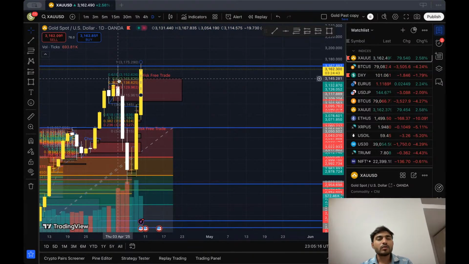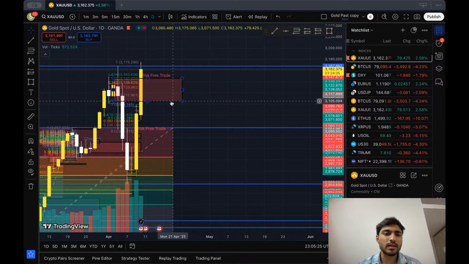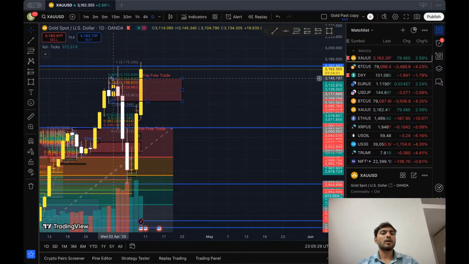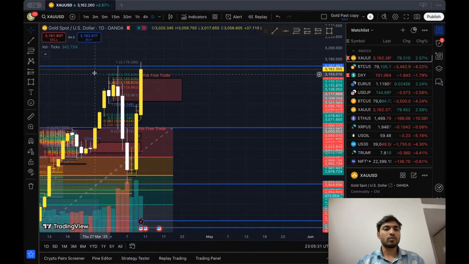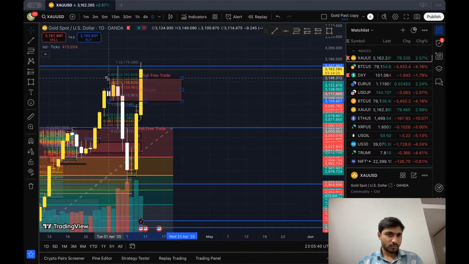Those are the concepts I wanted to tell you, but you can learn them easily. They are not very big concepts or anything like that. So when the trend is moving, the trend is having a downward movement. Sorry, the order block would be this one, right? This red candle would be the order block.